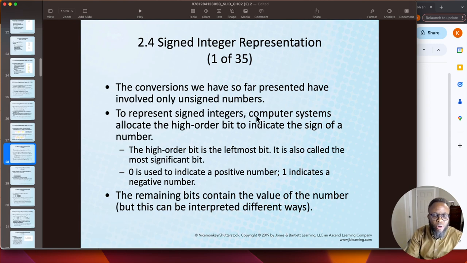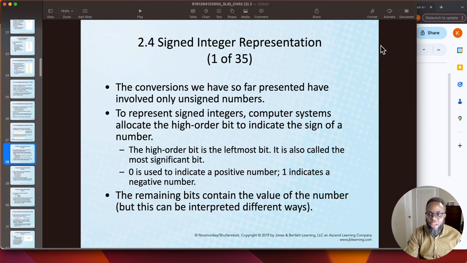The most important thing to understand with signed representation of numbers is that the high order bit, which is the leftmost bit, also called the most significant bit, is used to indicate the sign of the number.